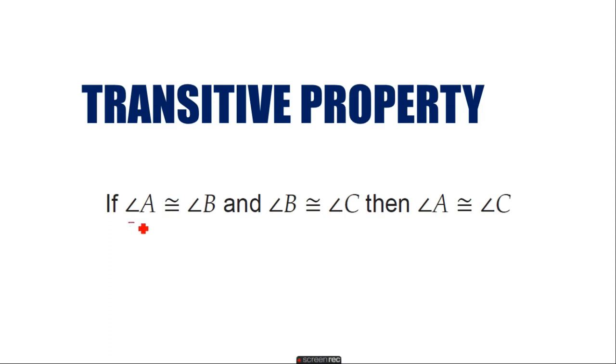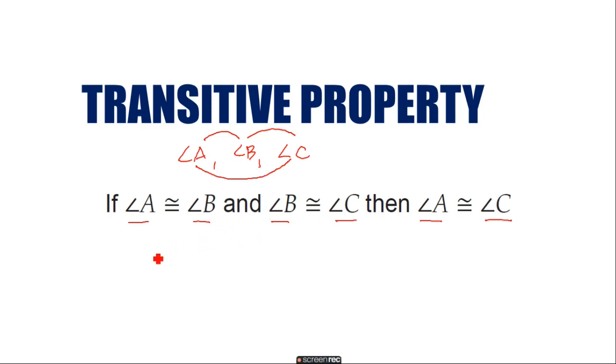If angle A is congruent to angle B and angle B is congruent to angle C, then angle A is congruent to angle C. So, since angle A is equal to angle B, and angle B is also equal to angle C, it follows that angle A will be equal to angle C. In this case, they are all congruent. So this is the transitive property of congruence.